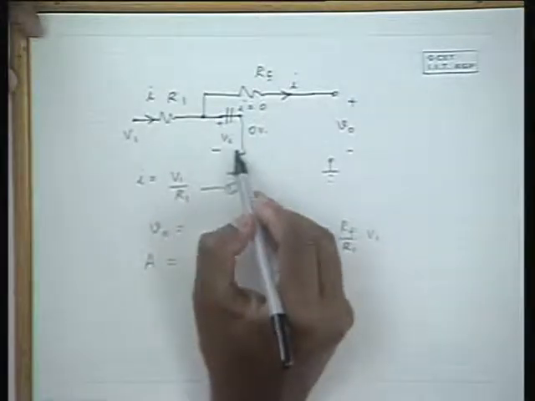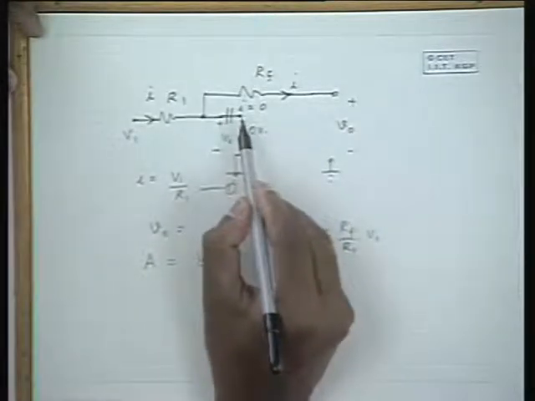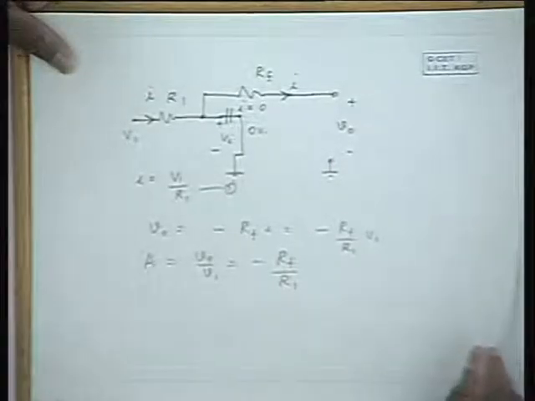And please note that we can take the voltage as 0 when the other side voltage is 0, but the current drawn is also 0. Any questions on the concept of virtual ground and the inverting amplifier?